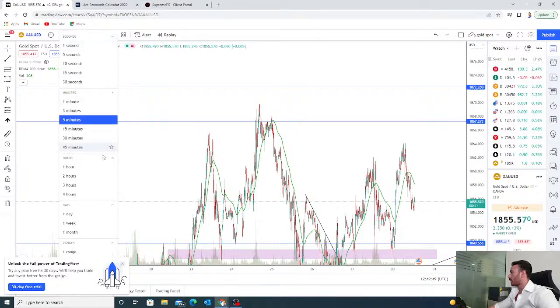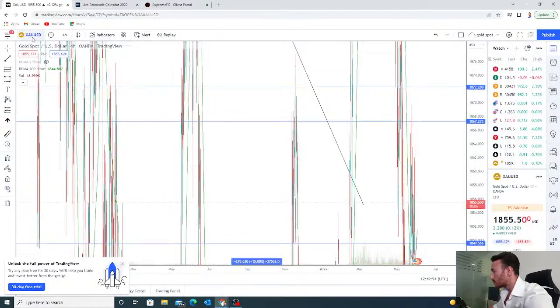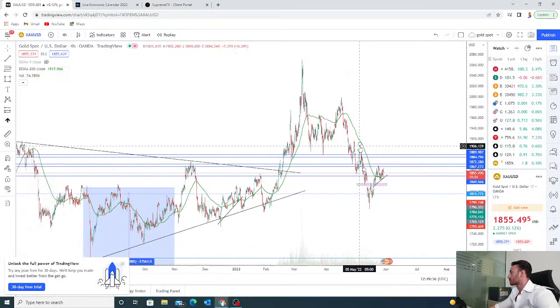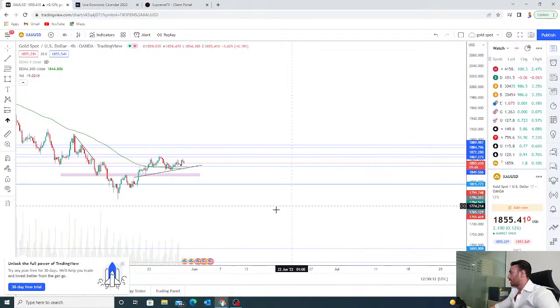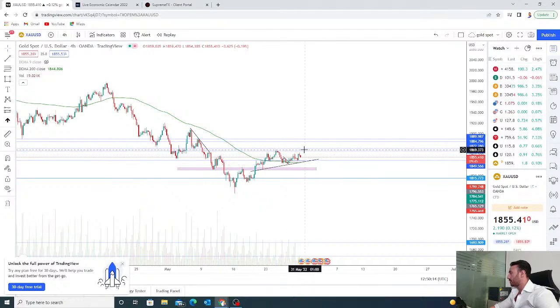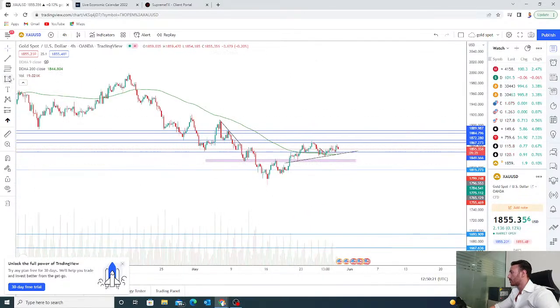I will go on the 4-hour chart to check for my selling. I can see here a bullish trend that will extend to 675. For today's call, I would be selling between 70-75. I will draw here.